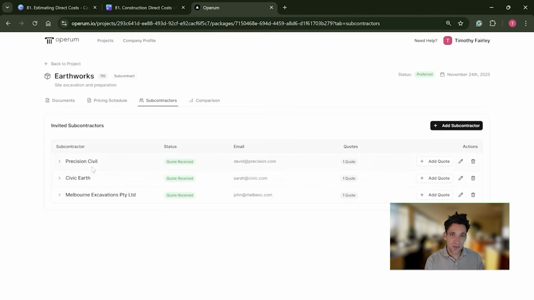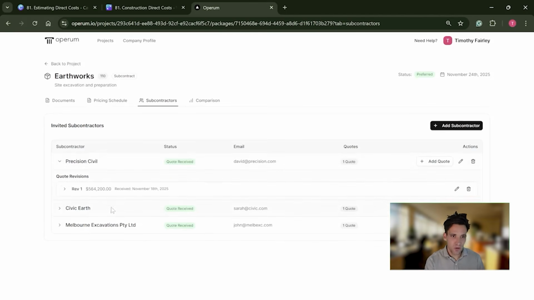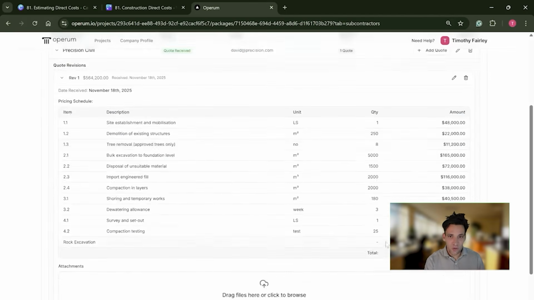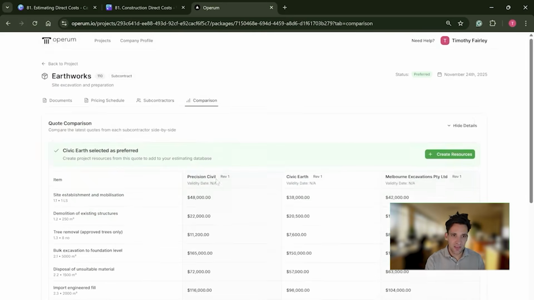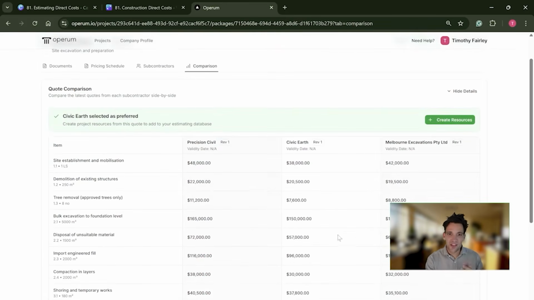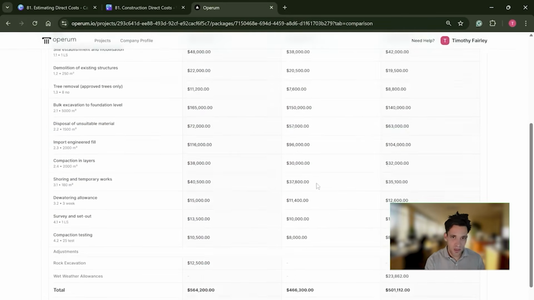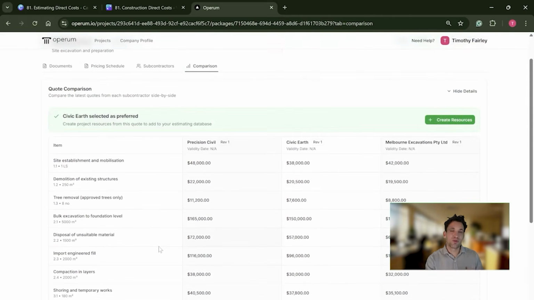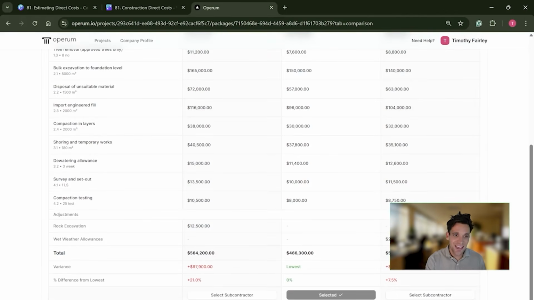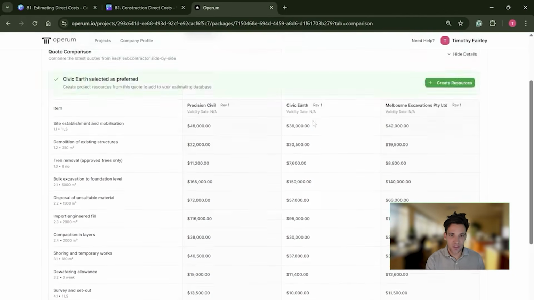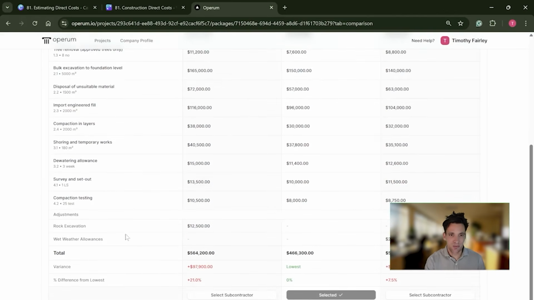We've got our list of subcontractors that we've gotten quotes for, and then all the different quotes we've got from our subcontractors. We then need to compare these and choose which of our subcontractor pricing we want to include in our estimate. It's important when you're doing this that we're reviewing the actual terms and conditions that they submit to us in their quote. So for example, this subcontractor provision civil, they didn't include rock excavation, so we put an allowance of 12.5 grand in there to cover that.